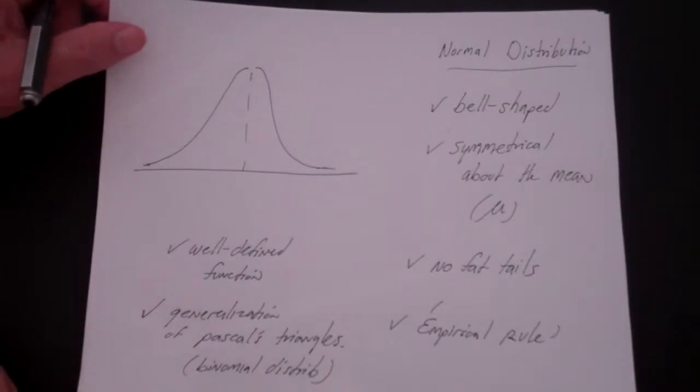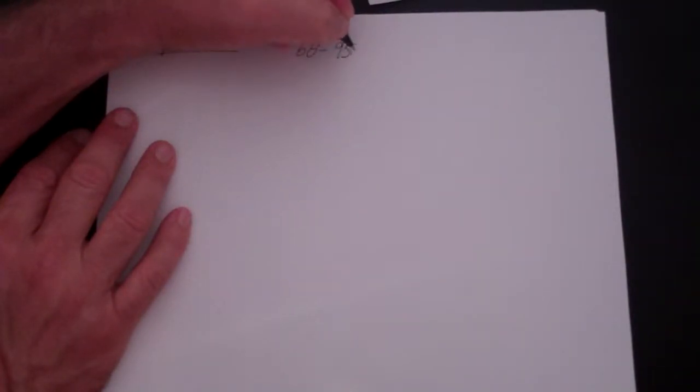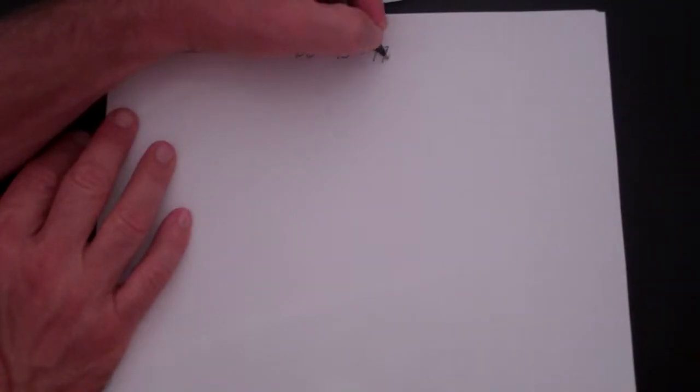And the specific thing that we want to talk about today is something that's called the empirical rule. And sometimes instead of the empirical rule, it's called the 68-95-99.7 rule.